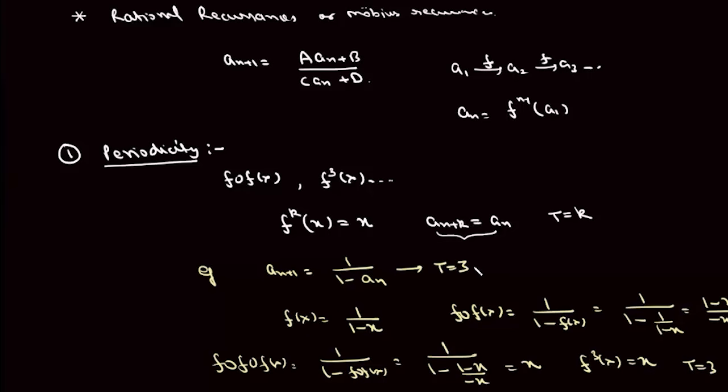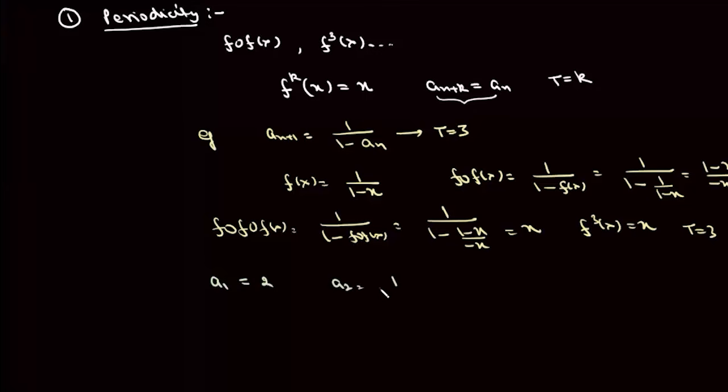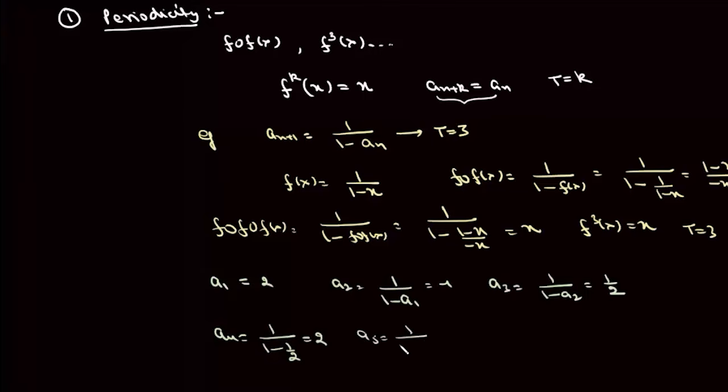So if we take up an example, suppose for this sequence a1 is 2. Then a2 will be 1 upon 1 minus a1, which is simply minus 1. a3 will be 1 upon 1 minus a2, which is 1 by 2. a4 will be 1 upon 1 minus 1 by 2, which is 2. a5 is 1 upon 1 minus 2, again minus 1.